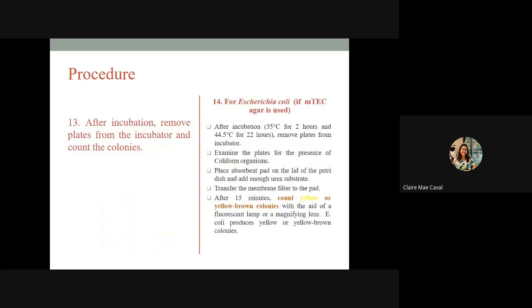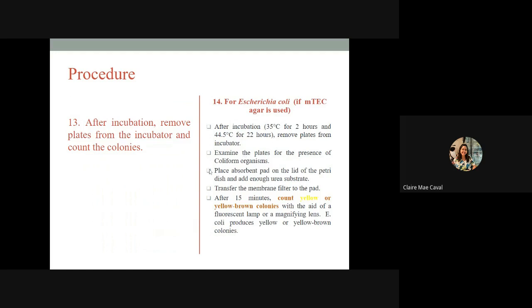For the E. coli class, using MTech agar, after examining the colonies, if there is a positive presence of colonies, you have to apply the urea substrate. So you place an absorbent pad.